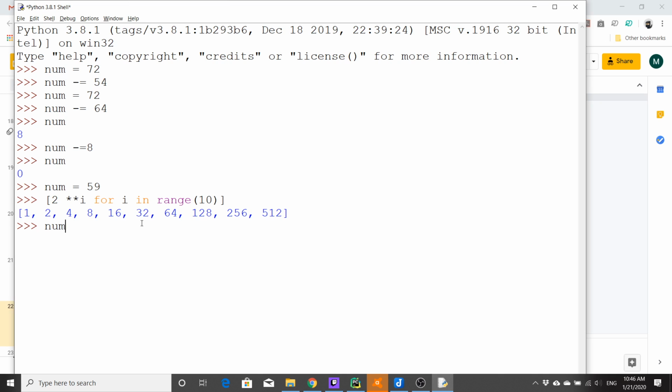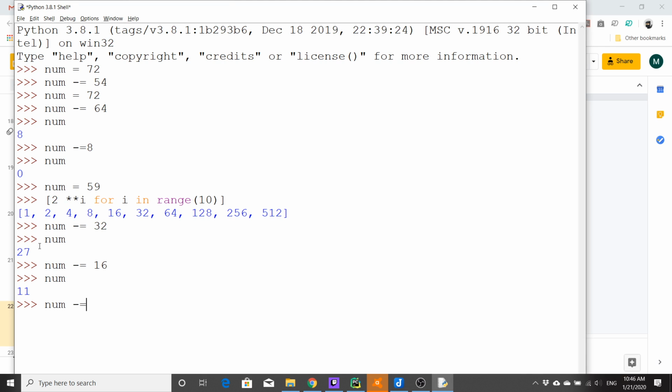So then we do num minus equals 32, right? That's going to give us 27. So we have a 1 in the 32 spot. Are there any 16s in 27? Yes, so we do num minus equals 16, which is going to leave us with 11. Are there any 8s in 11?